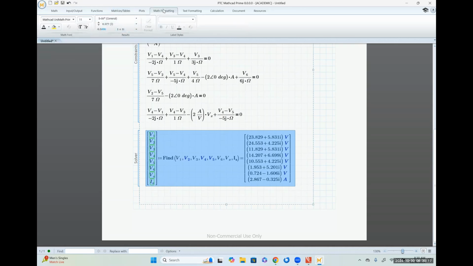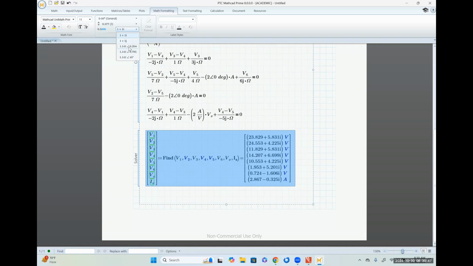If you go into the math formatting tab and you look at this bottom right hand option under results, it lets us choose how we want our complex values returned to us. And we have several different options. So the top option is in rectangular form using I as the imaginary operator. The next option is in rectangular form using J as the imaginary operator. So this was built for electrical engineers to use as well.